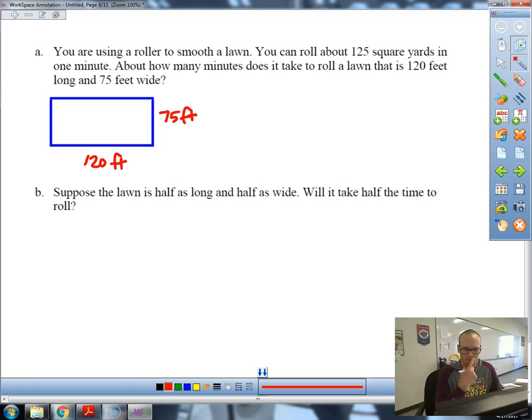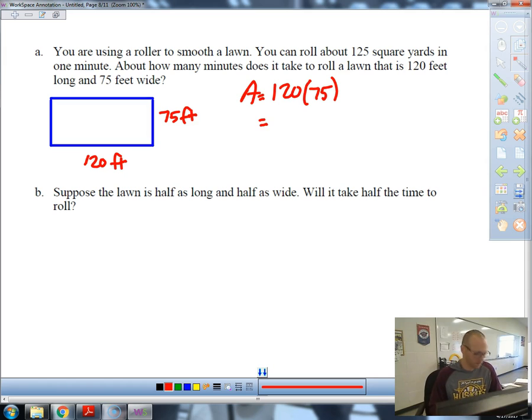Same thing here: we're looking for time, but we first need to find area. If this is a rectangle, we take 120 times 75, 9,000 square what? Yards.